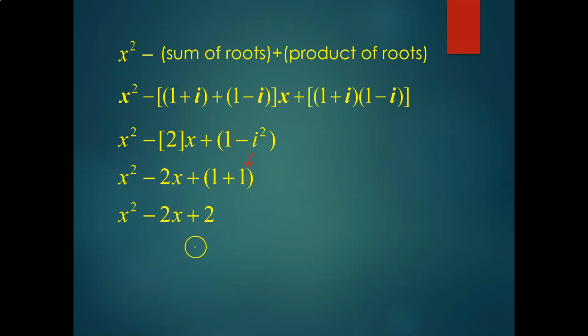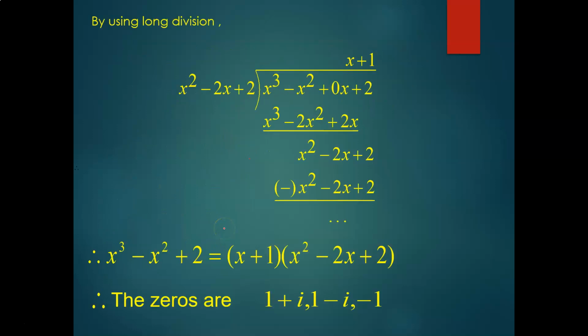So from here, I'm going to do long division. Saya bahagilah this one, the polynomial just now I have, with this x square minus blah blah blah ni lah. So I perform this long division. Okay, I hope you already mastered the long division. Okay. And then when I perform, I have this one as qx, my qx, this is my d, and this is my remainder 0.